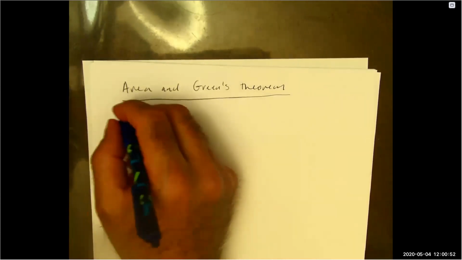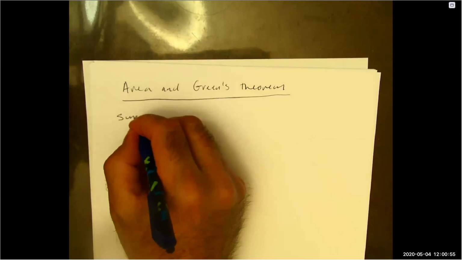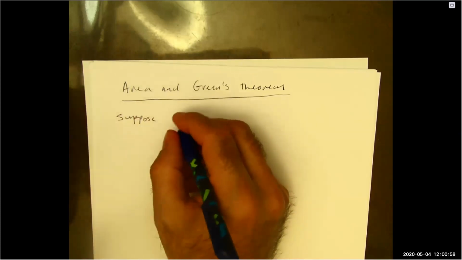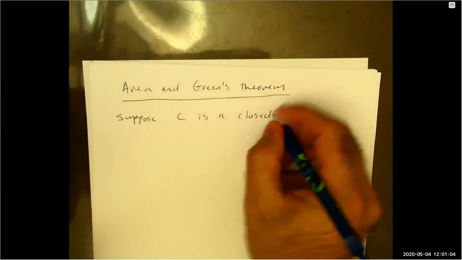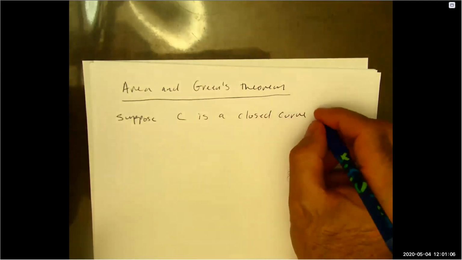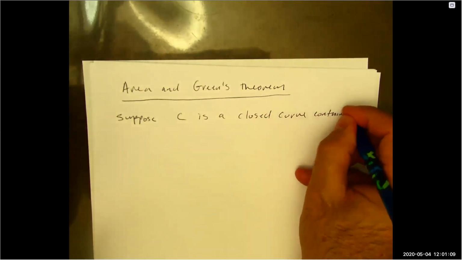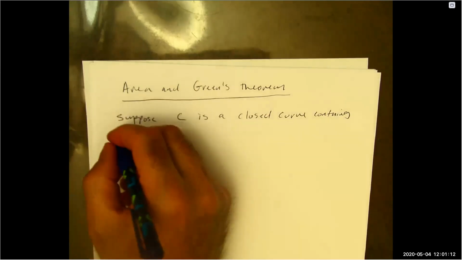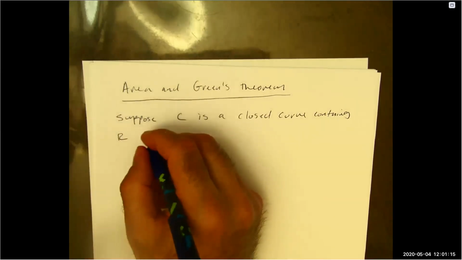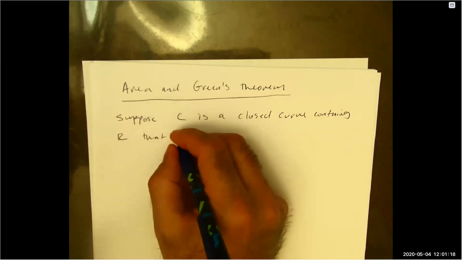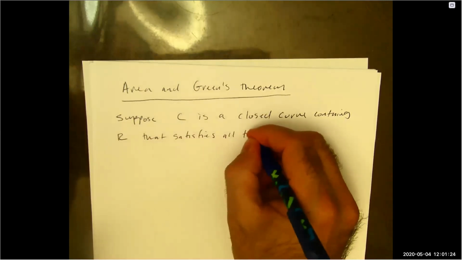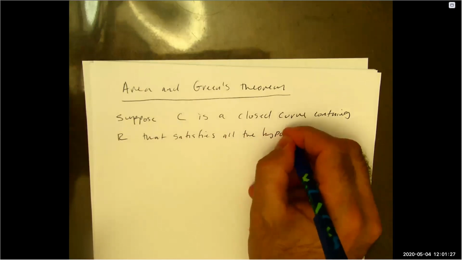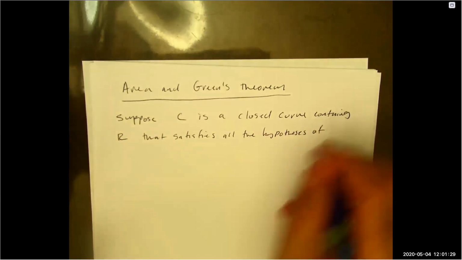Okay, so let's suppose C is a closed curve containing R that satisfies all of the hypotheses of Green's theorem.